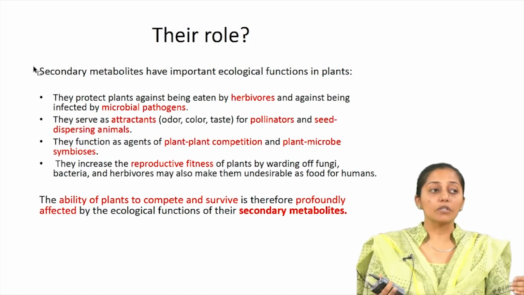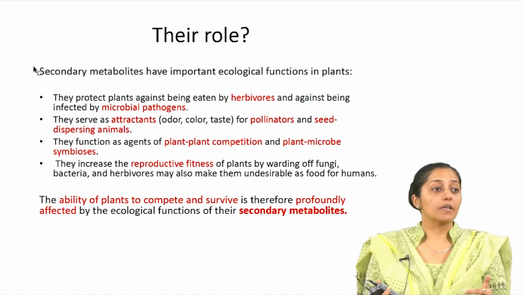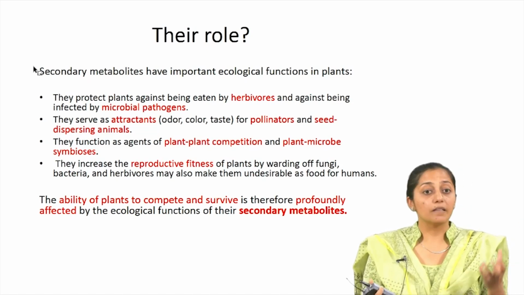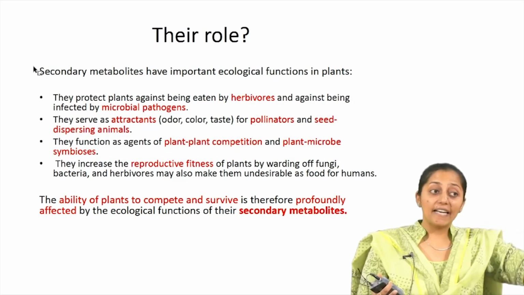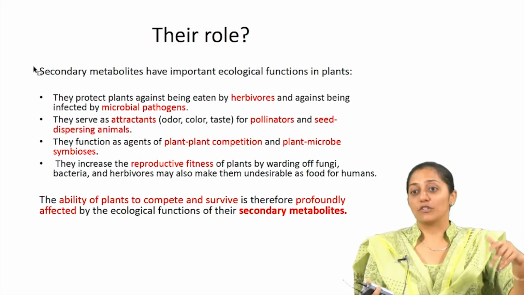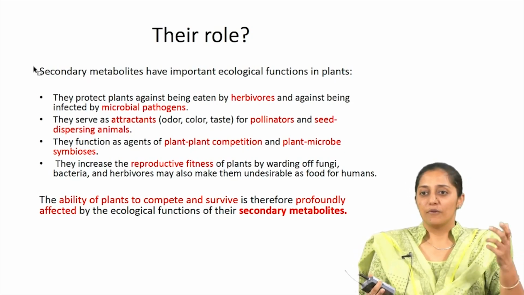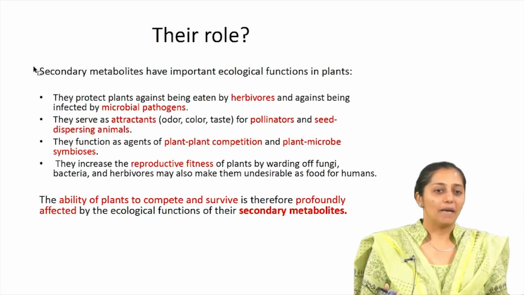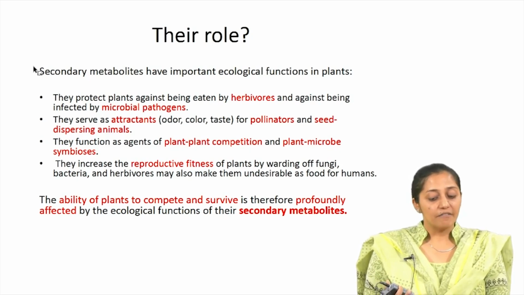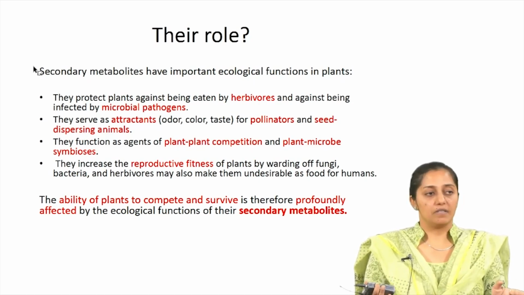So, they serve as attractants, and it is not only defense, but they also carry out higher order functions, for example attracting the pollinators, or even attracting the predators of the pathogens. By using these volatile secondary metabolites which can attract these predators, they can get rid of the pathogens. Then they serve as attractants in the form of odor, color, taste for pollinators and seed dispersal.